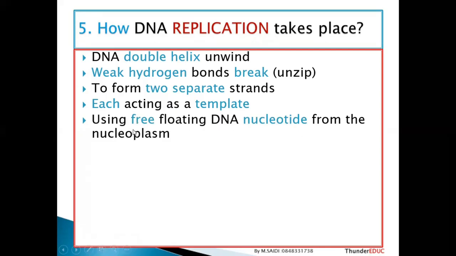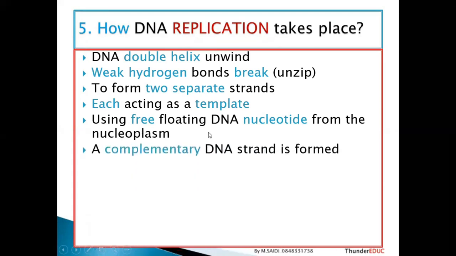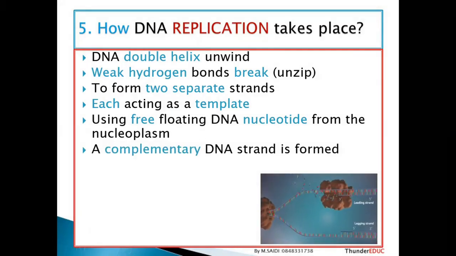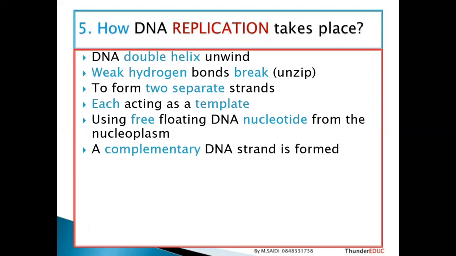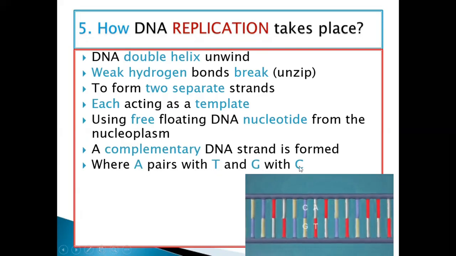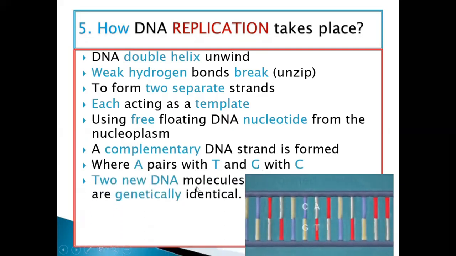When they use free floating nucleotides from the nucleoplasm, what happens? A complementary DNA strand is formed, as I showed you that it has the new strand. The new strand becomes the complementary strand to the original one, whereby adenine pairs with thymine and guanine pairs with cytosine.